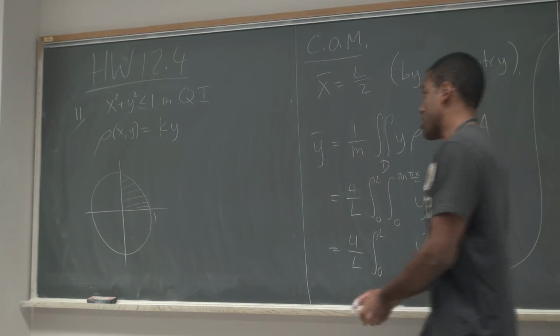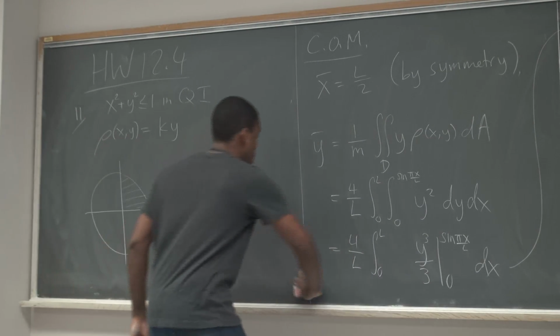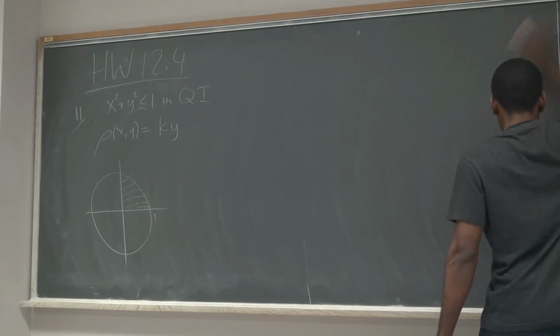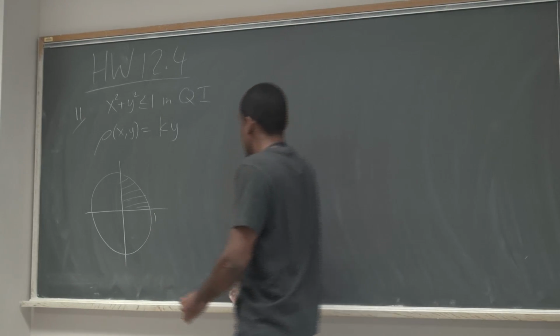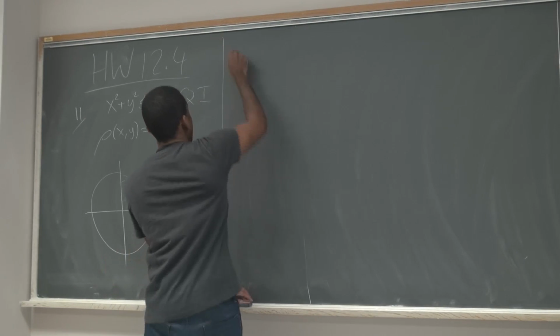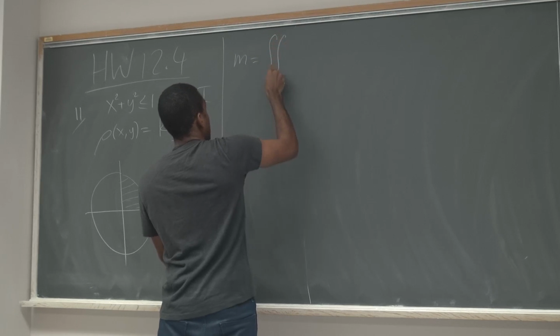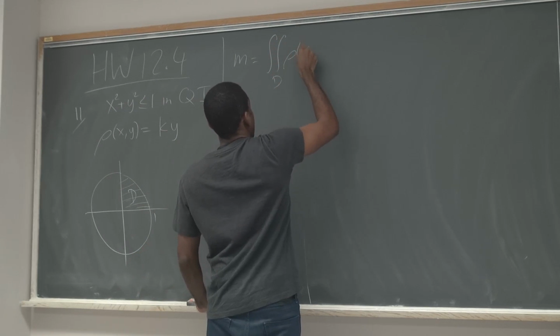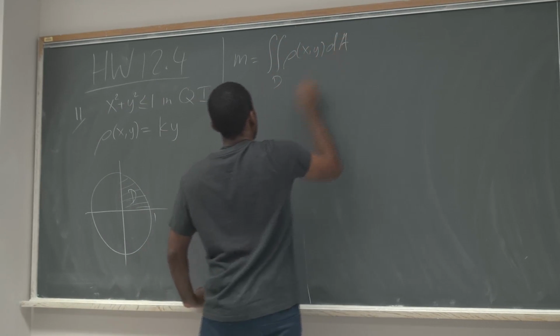In order to find the center of mass, we're going to need to find the mass first, because that's in the formula for the center of mass. Mass is going to be the double integral over D of rho of x, y dA.